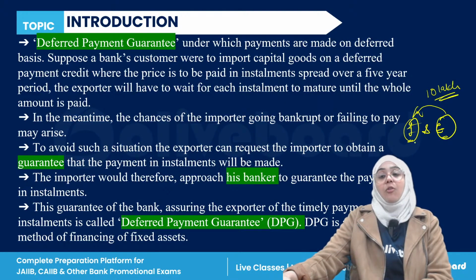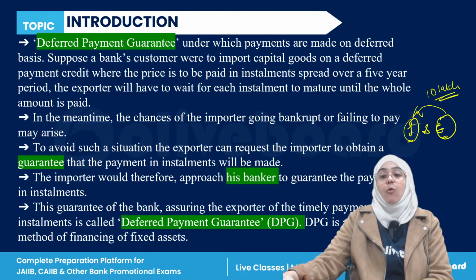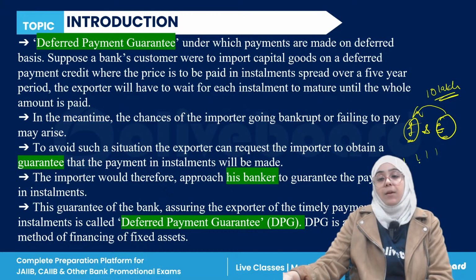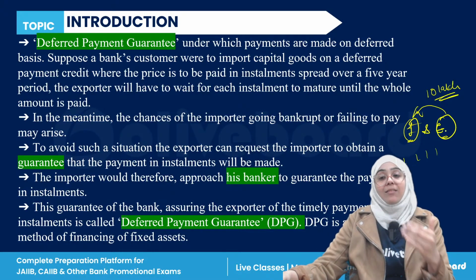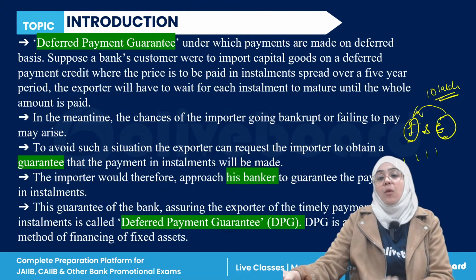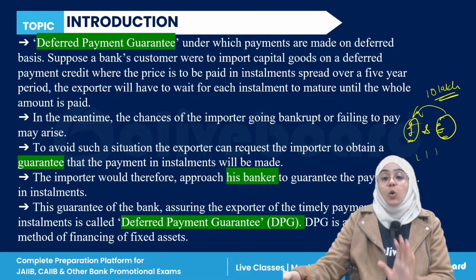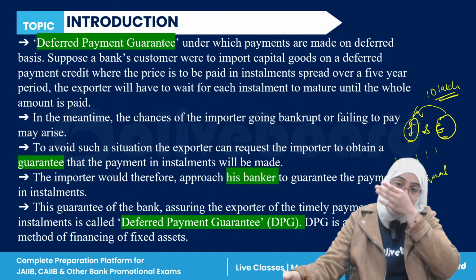Now, instead of paying immediately, the importer requests a time limit, and the exporter gives consent and spreads the amount into, for example, 12 equal installments over a 1 year time period.